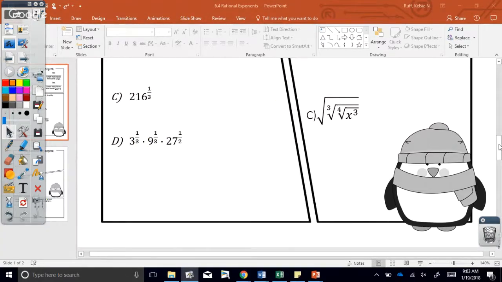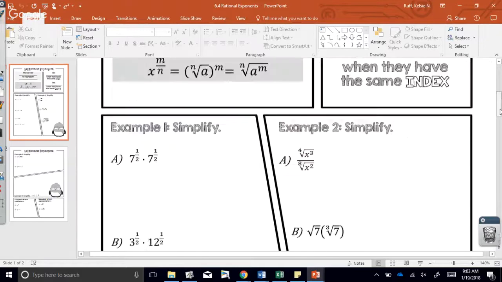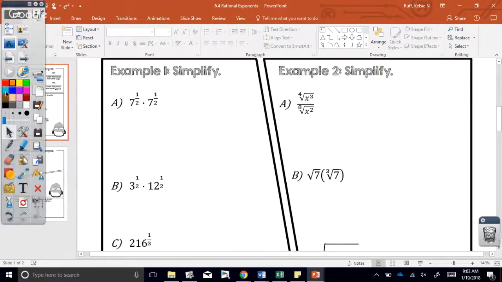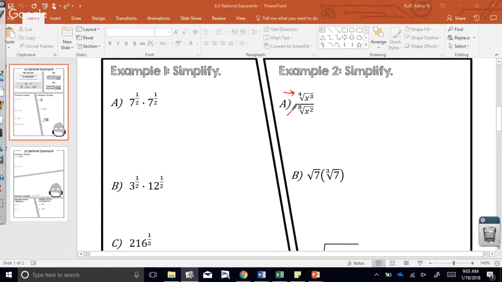All right, so we just have a couple more. Example 2, with variables. If you notice when you look at it, they don't have the same index. We've got a 4 and we've got a 6. But they both have a base of x.